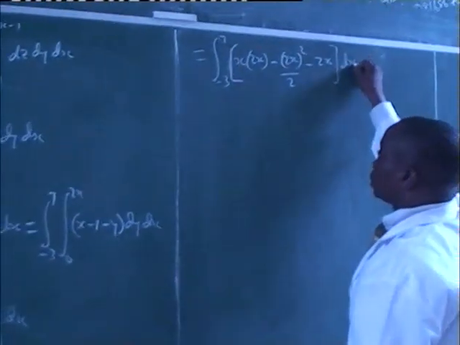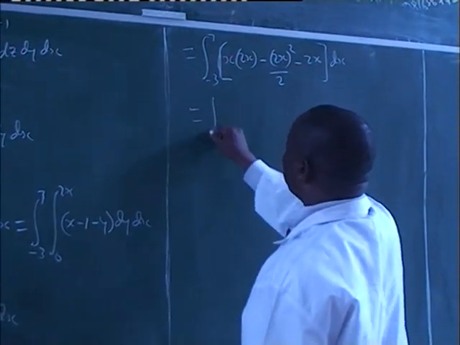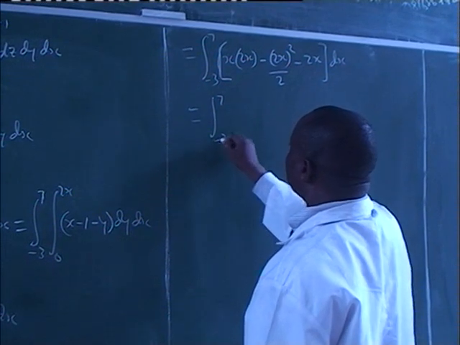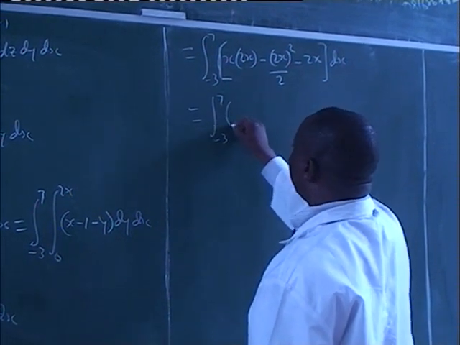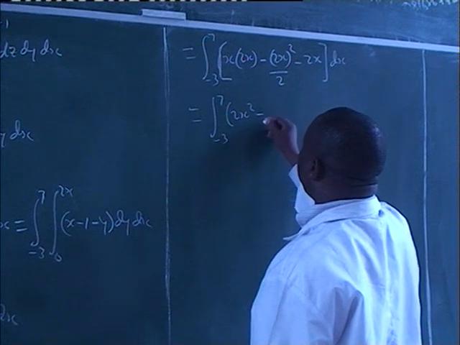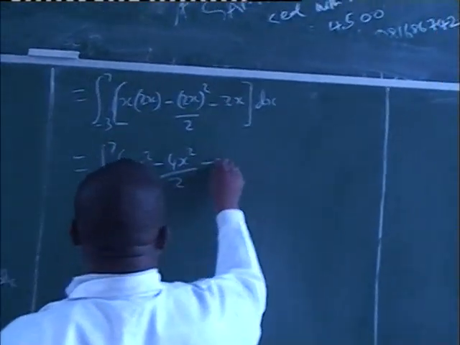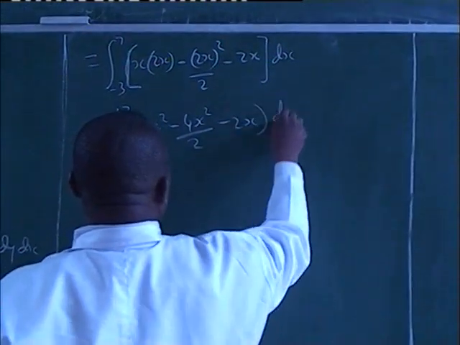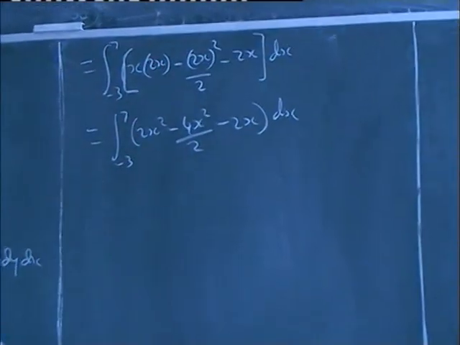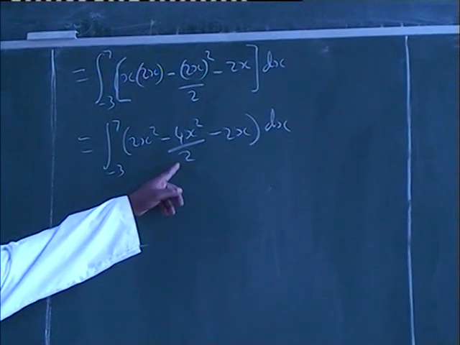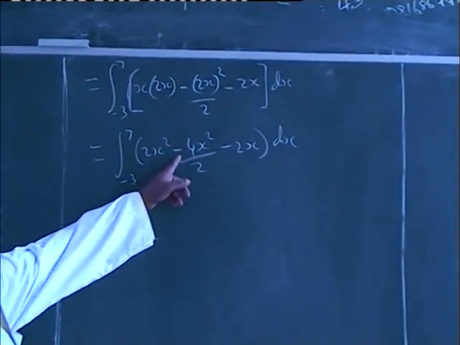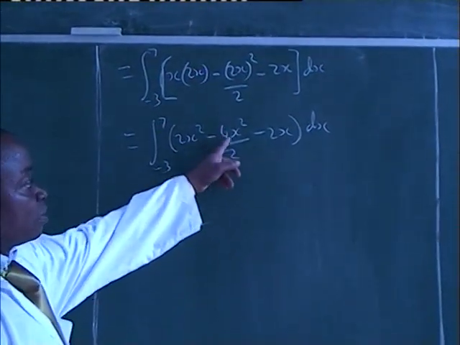So now this will give us the integral from 7 to minus 3. If you do this, you have 2x squared minus 4x squared over 2 minus 2x, dx. Now what we have there is minus 2x squared plus 2x squared.